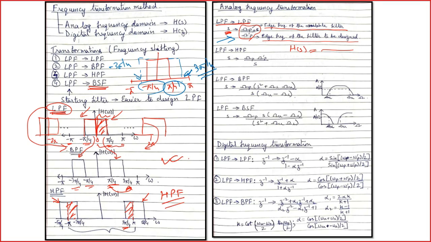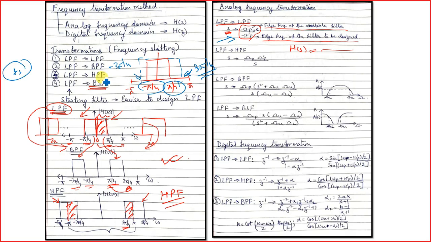When you go to another organization and they ask you to do a similar kind of job, you find that the digitizing devices you have there have a different specification, meaning they work at a different sampling frequency.